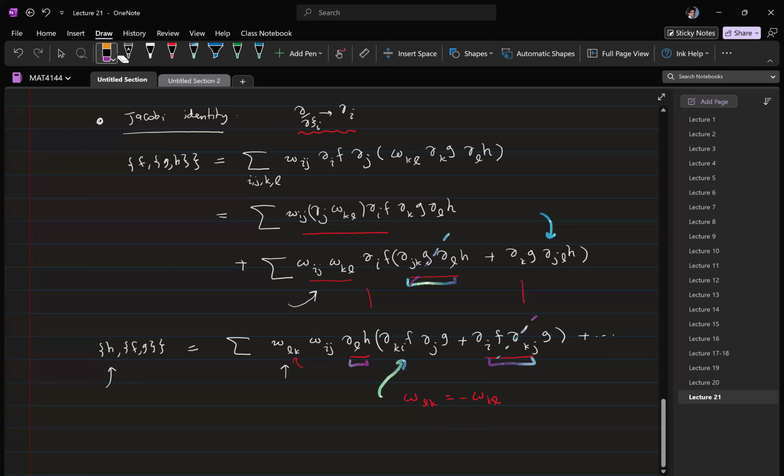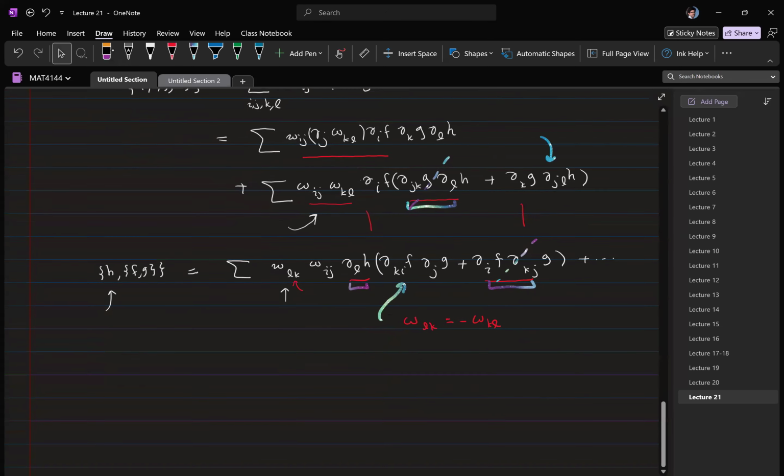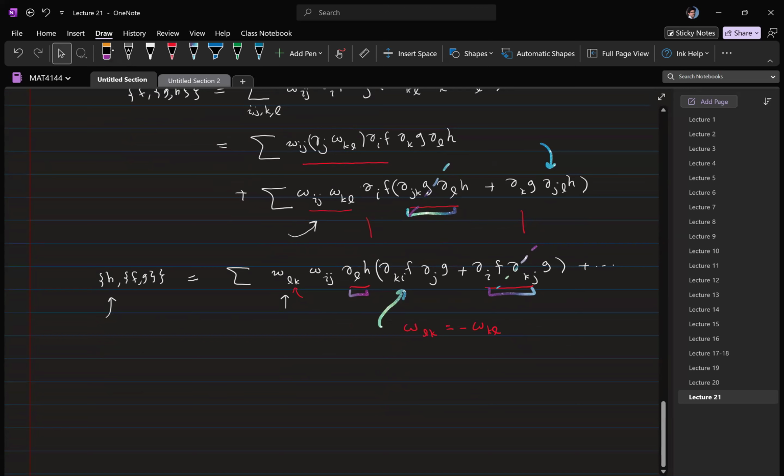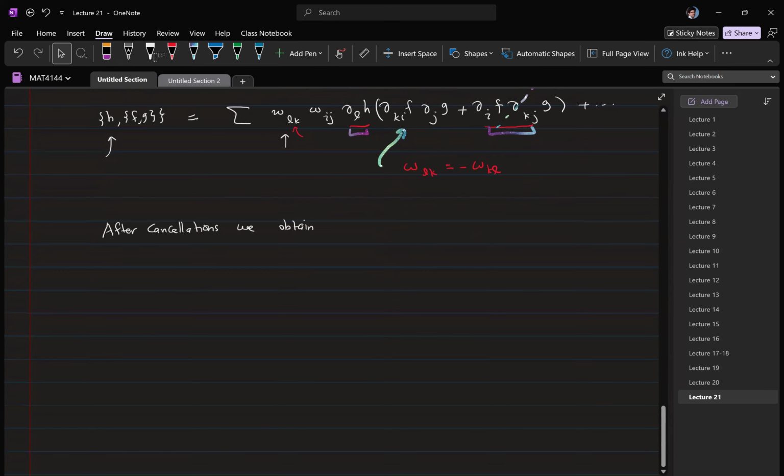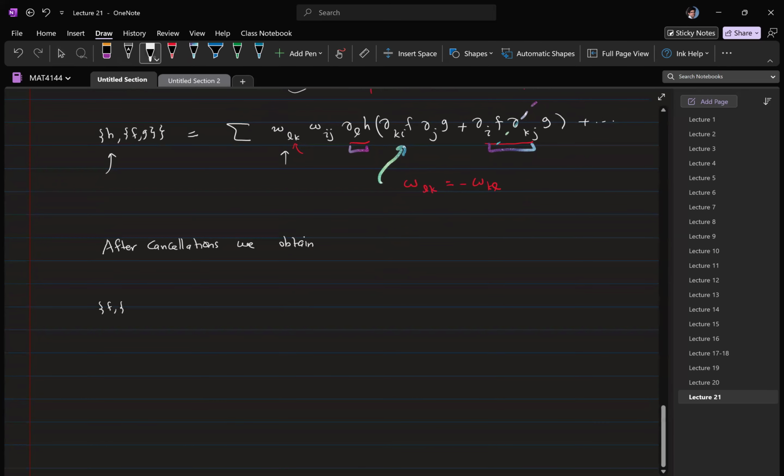So if we write them, and now we look at the coefficient of a certain partial in f, g, and h. So maybe we should look at the partial that showed up here, DIF, DKG, DLH, okay? So after the cancellations, what we obtain is that FGH plus GHF plus HFG.